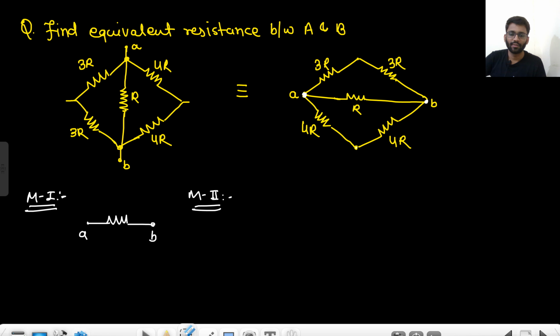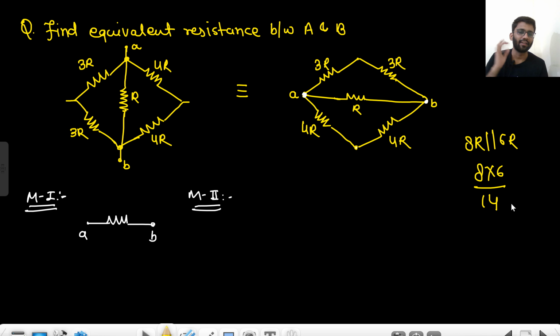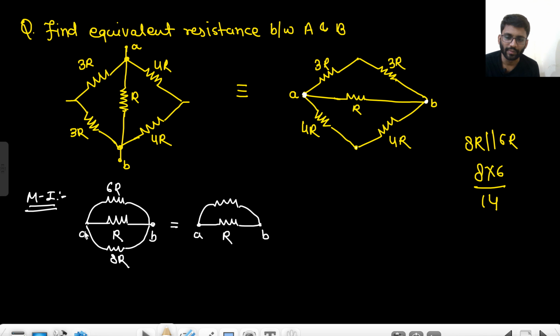This will be 8R parallel with 6R. It will give me 8 into 6 upon 8 plus 6. What is 8 plus 6? That is 14. And in parallel to R. Let me solve it and then write down the answer. Basically between A and B we have R, then 3 and 3 is 6R, and 8R.